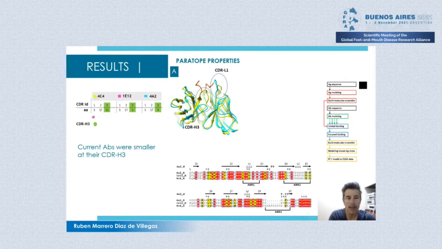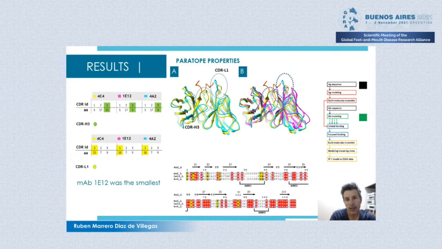We always set a comparison with the reference antibody of serotype C, that is an antibody for serotype A. And here you can see that for CDR1 and 2, they display the same length, but the CDRH3 is different, and 4.4 have more amino acids, but the other are smaller. You can see here in blue the IgG, and in yellow a bigger CDR for the reference antibody.